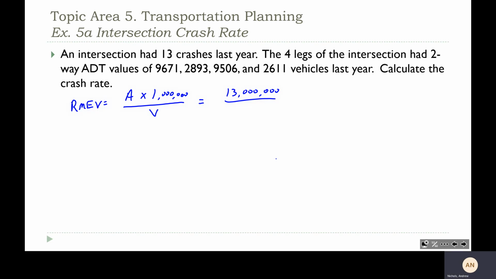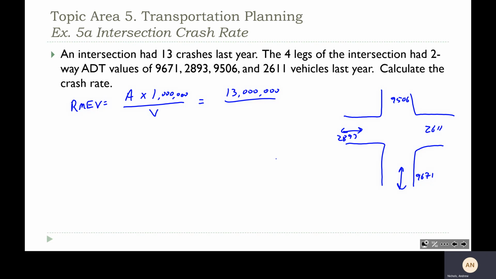ADT here is the average daily traffic entering the intersection. So what we're given here is this approach. We have a two-way ADT of 9671, two-way here of 2893, 9506, and 2611.